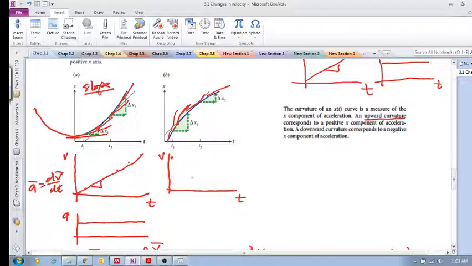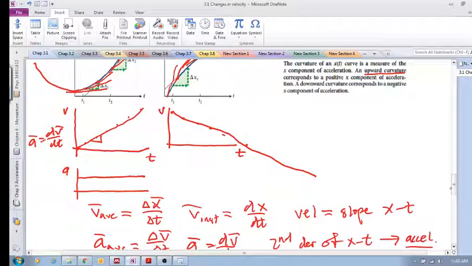Still positive, so we're going to see it go down like this. And then, if this has a turning point at the top, we know that the slope there is zero, so my velocity is zero. So this is going to basically be my velocity time curve.